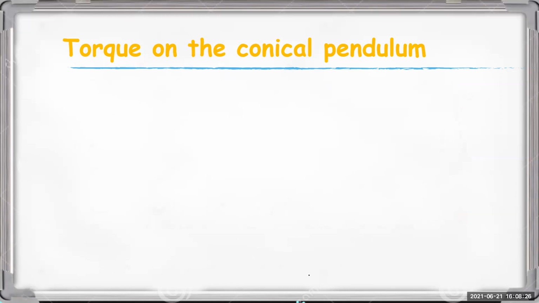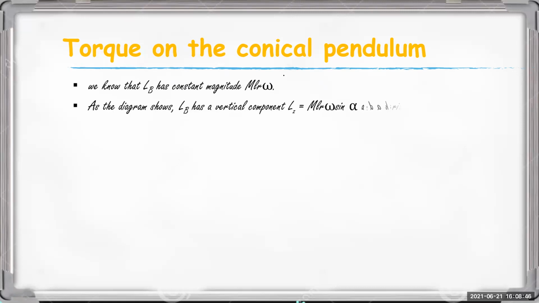So now we have to prove tau B is equal to dL by dt of LB. We know that LB is equal to mLR omega.